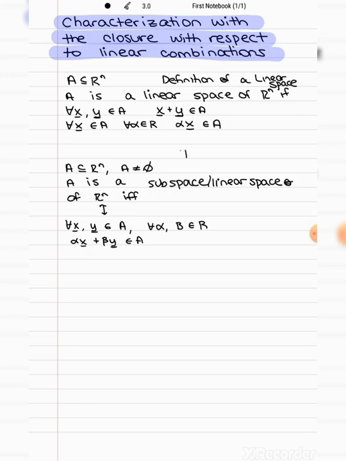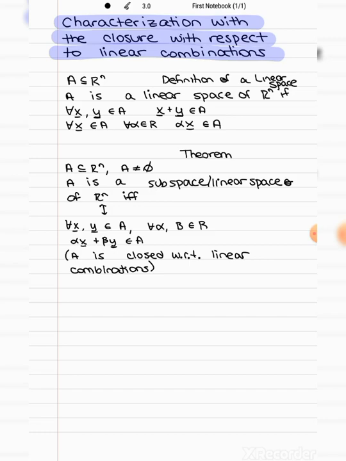So this here is the actual theorem that we want to prove, and we're going to use the definition in order to do that. So formally what this is saying is that A is closed with respect to linear combinations. Meaning that every linear combination of any combination of vectors has to be in the set.